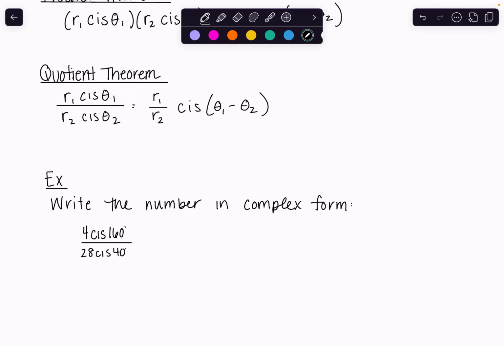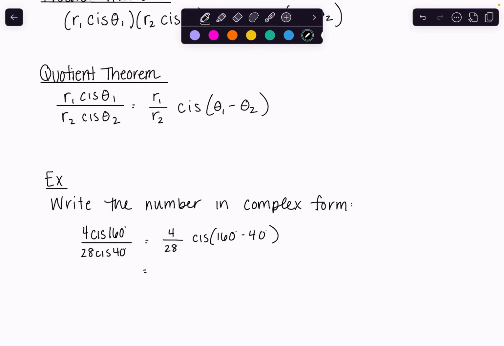So if I want to go through and divide these two, I'm not going to put them in complex form to start with. I'm going to utilize that they're in trig form. We go ahead and divide these R values, and then subtract those angles. So 4 over 28 does simplify.